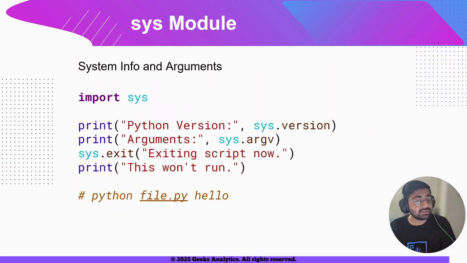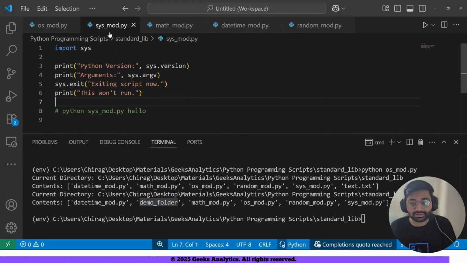Then we have the sys module. It helps you fetch system information and pass arguments to the script. It can help with command line arguments and controlling script termination. It doesn't have much functionality, but the major functionality is its argument handling.